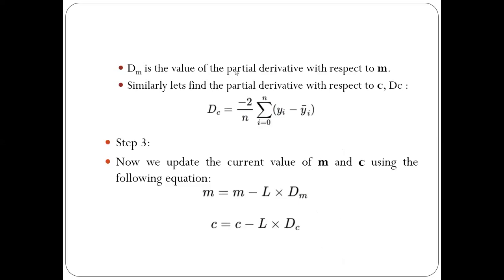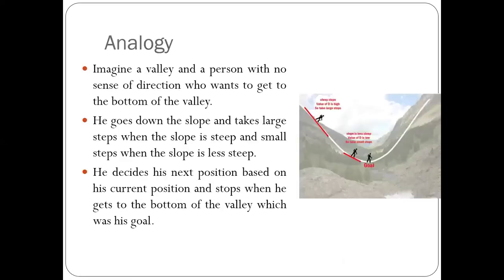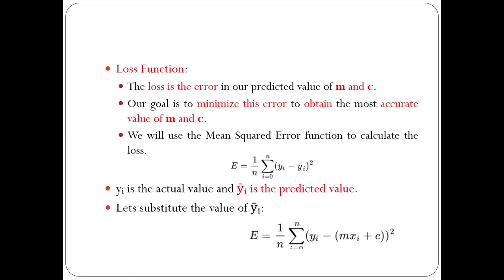Similar to that, we need to find the value for dc. We can find the value of dc by partially deriving the error function with respect to c. Again take that error function slide. If I again partially derive this error function with respect to c, consider the equation, it consists of c square.